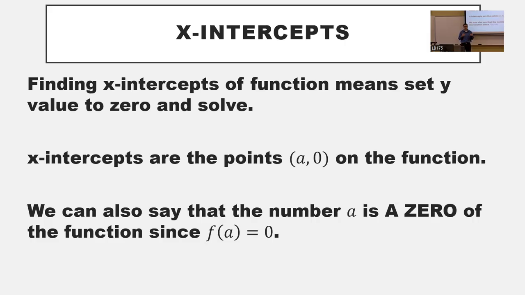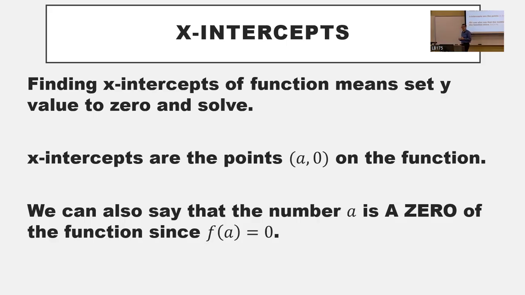So they all are of the form a comma 0. Because of that, when we plug in a into the function, we get out a 0.